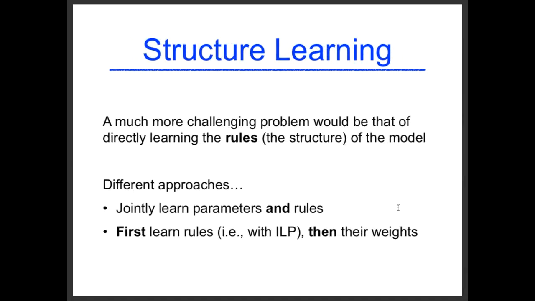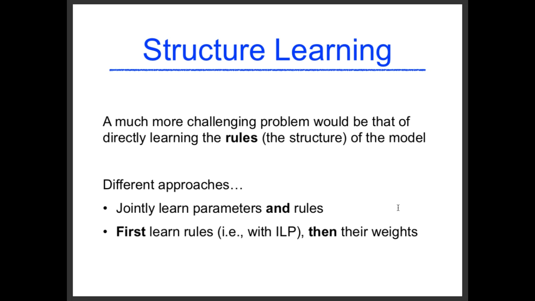Structure learning is probably the most challenging problem, I would say, and wants to directly learn the rules, so the structure of the model. And Fabrizio has introduced a lot of stuff about that this morning too. So sometimes you jointly learn the parameters and the rules, but there are also some, I would say, efficient methods that first learn the rules, as you would do in a typical pure ILP, pure logic world.